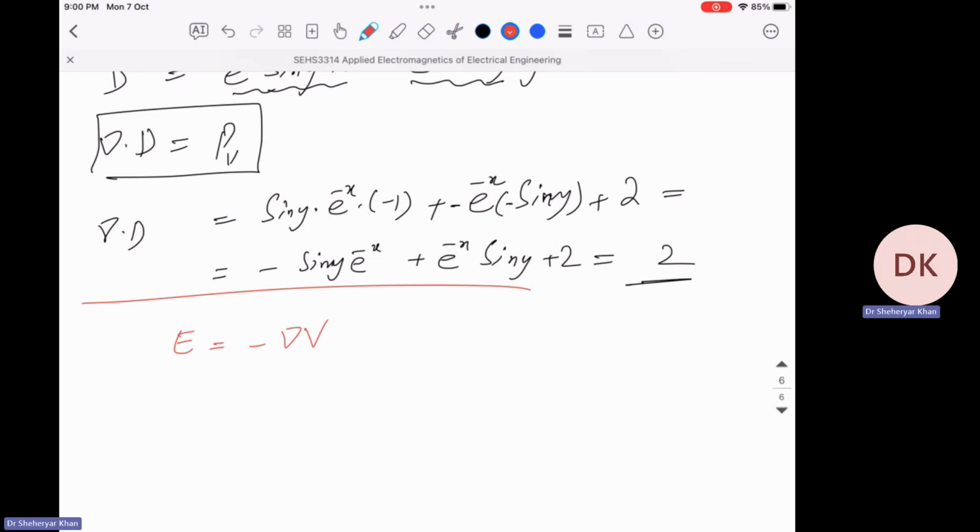Can you think about this one? What does it mean?